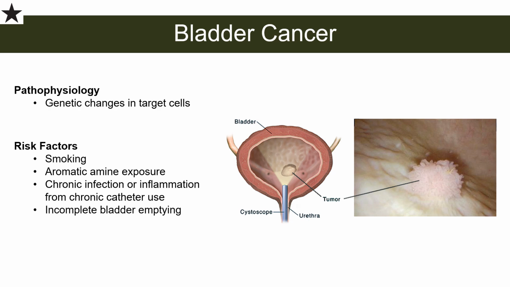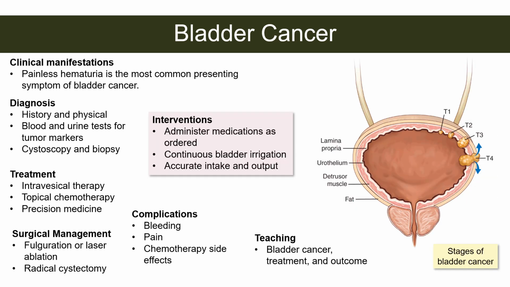However, it's also released through hair dye. So for whoever uses hair dye, that's why you should be in a well-ventilated area, because you can potentially increase your risk for bladder cancer. Chronic infection and inflammation from chronic catheter use, and incomplete bladder emptying. Okay, we're going to move on.